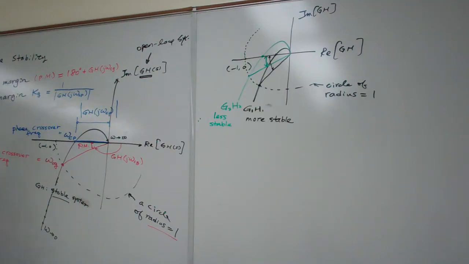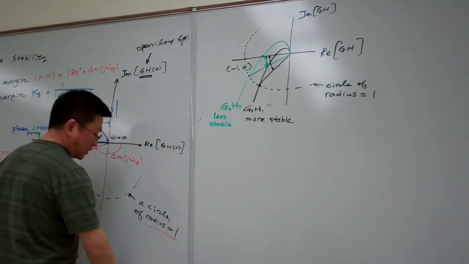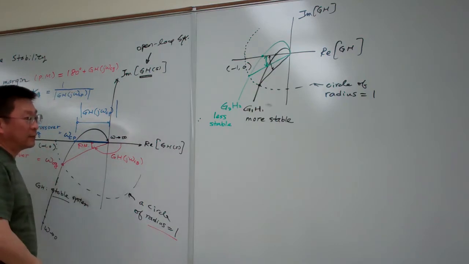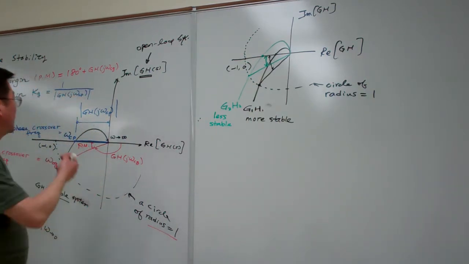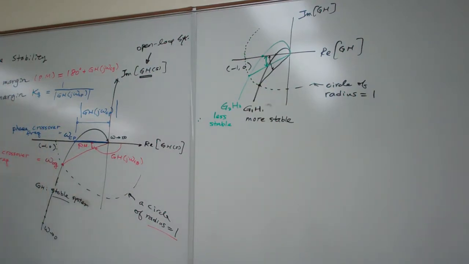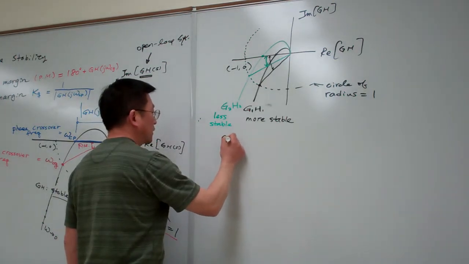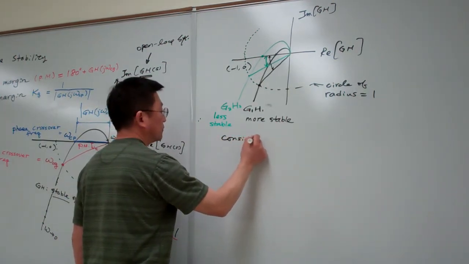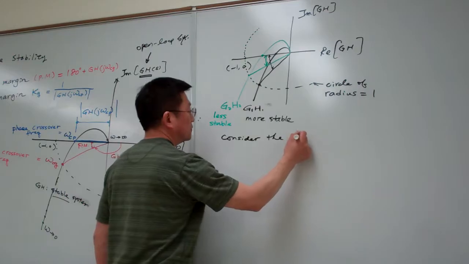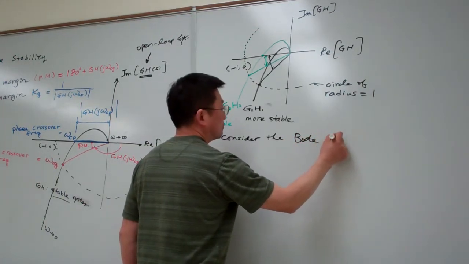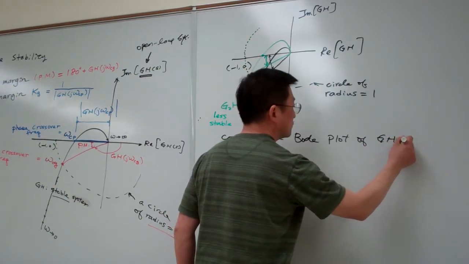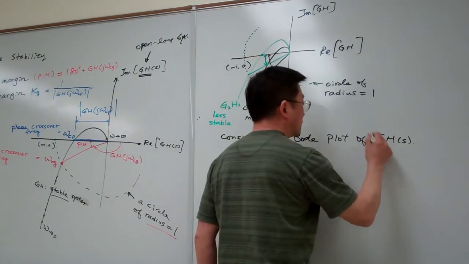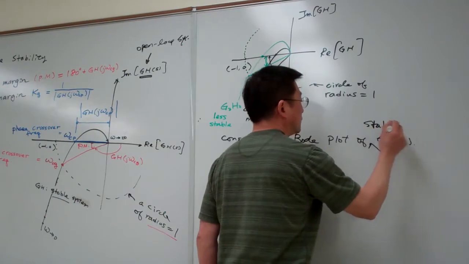Be good? Okay. And one more thing before we jump into the examples is I want to show you how to map the gain margin and phase margin onto the Bode plots. So we consider the plot of GH, stable GH.